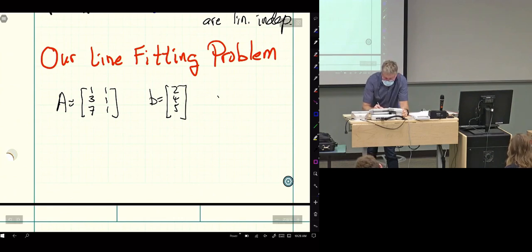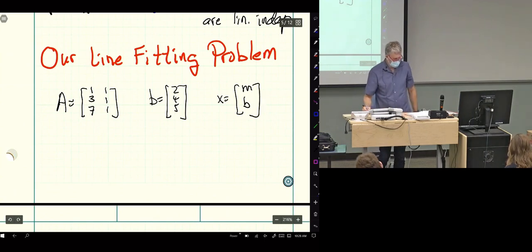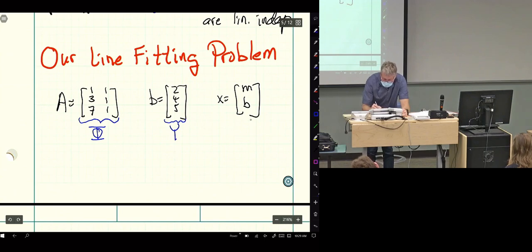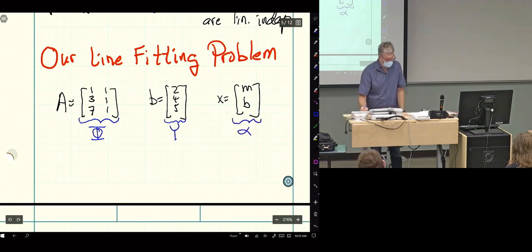And then X was the slope and the intercept. But when we start doing real regression problems, I'm going to encourage us to get used to this kind of notation.